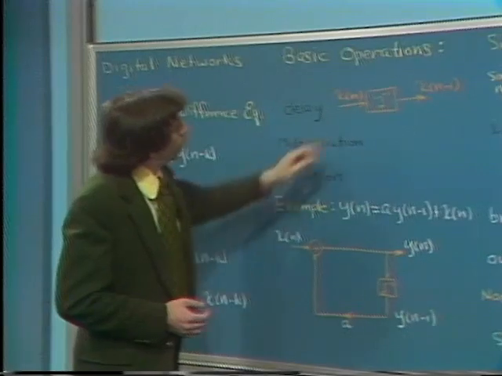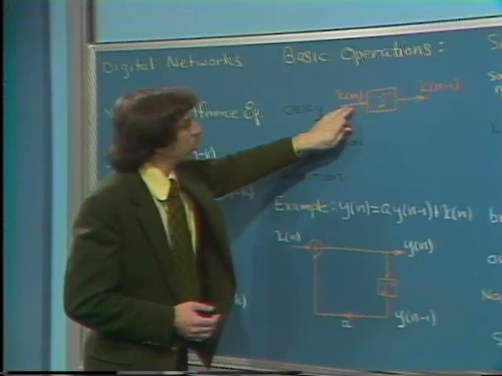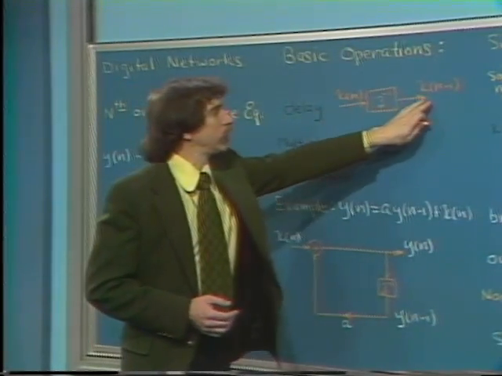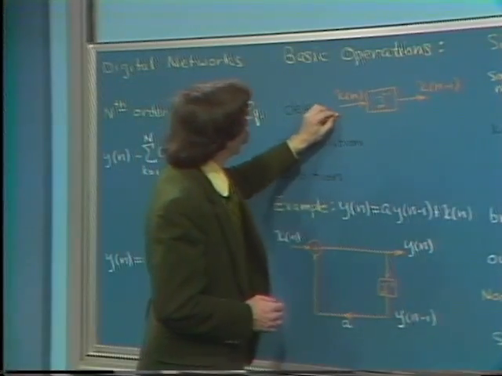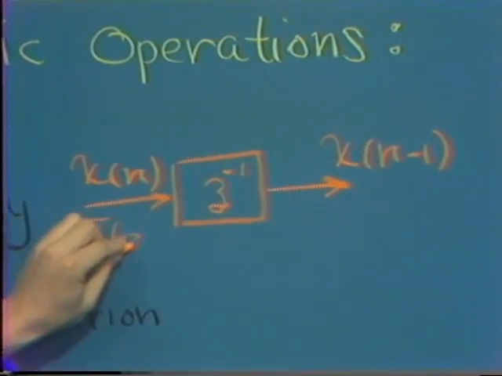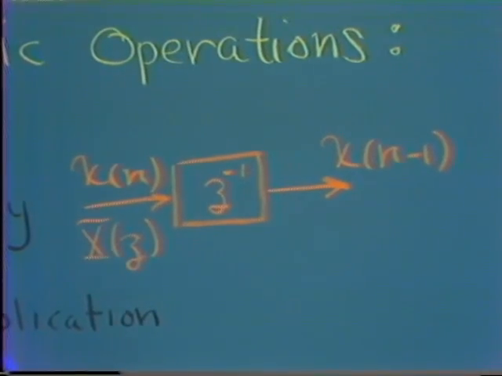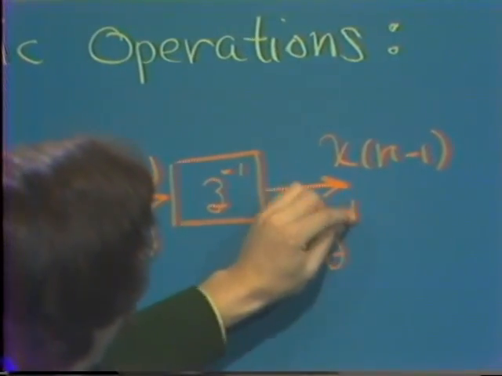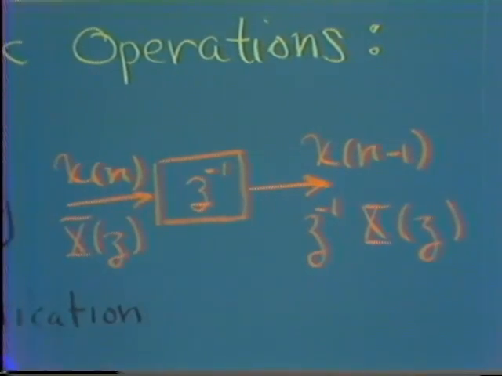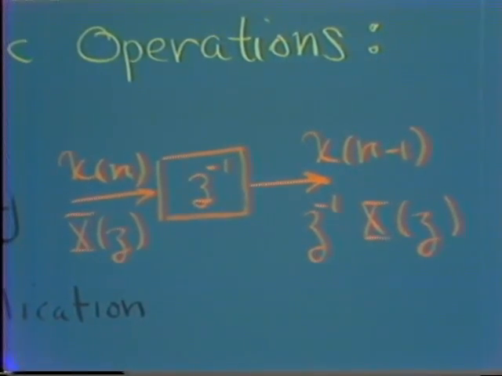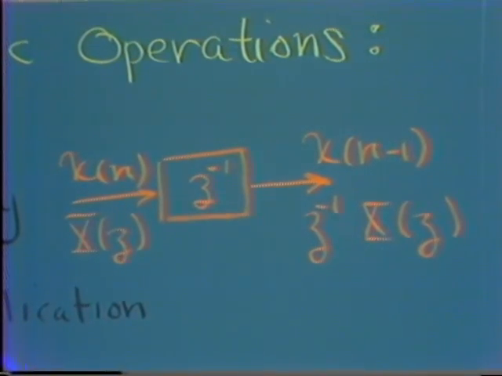Simply that if we were to think of the z transform of the input sequence and the z transform of the output sequence, what we know is that those are related by multiplication by z to the minus 1. So the implication in putting inside the box the notation z to the minus 1 is that essentially what this block is doing is multiplying the z transform of the input sequence by z to the minus 1.